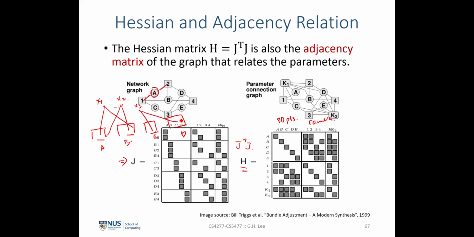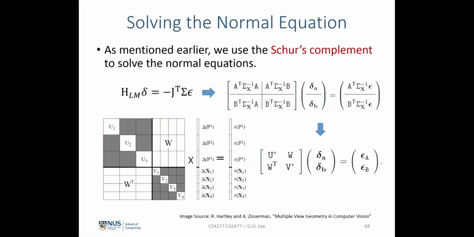So x3 will be seen by these two cameras, and x1 is actually also seen by C concurrently with A. So this means that this is going to reproject into C as well. And we can see that this graph, that relates the camera parameters as well as the 3D points, is well represented as an adjacency matrix in the Hessian matrix that we compute in the normal equation.